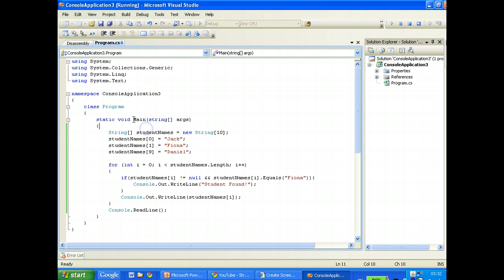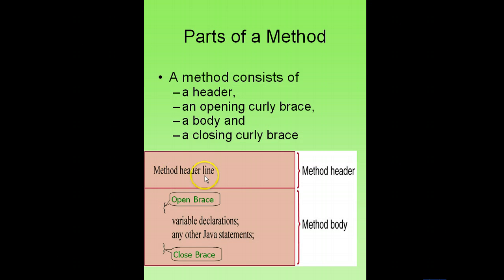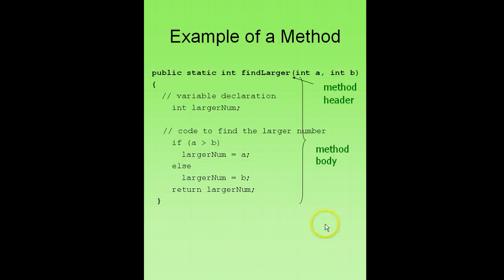The method name is main, and it takes in an argument which is an array, and it has an opening brace and a closing brace. See how similar this is. You have a method header line that tells you the name of the method, the opening brace and the closing brace, and variable declarations and other Java statements.